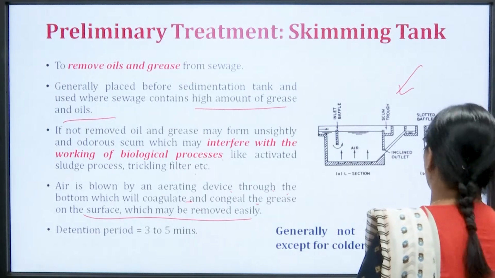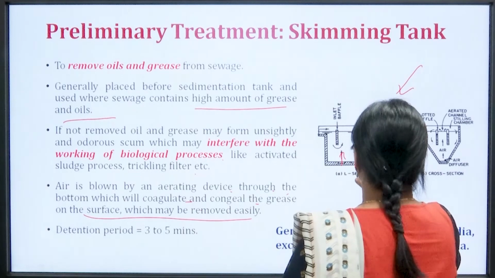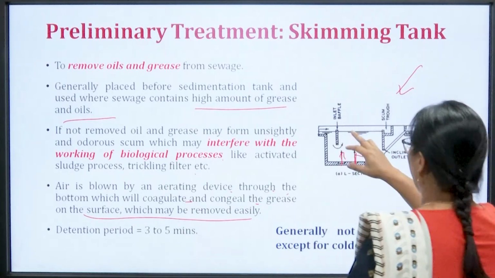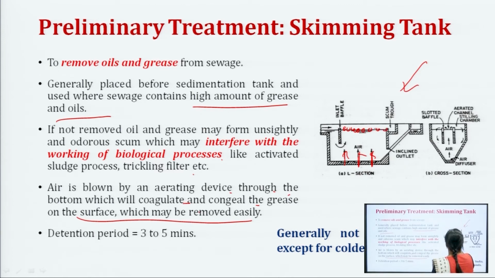So, in a skimming tank you are blowing air from the bottom and mixing things up, then all the oil and grease goes to the top, and this can be coagulated and taken out through the scum trough. That is what a skimming tank is used for.